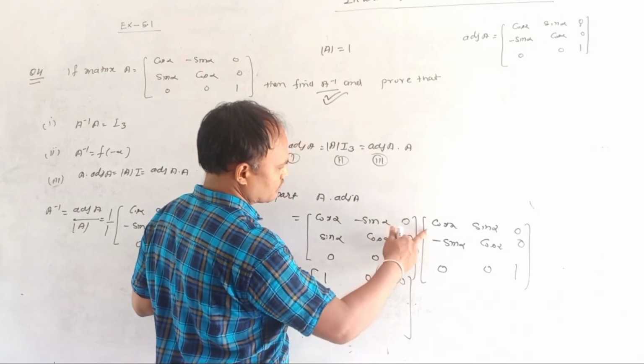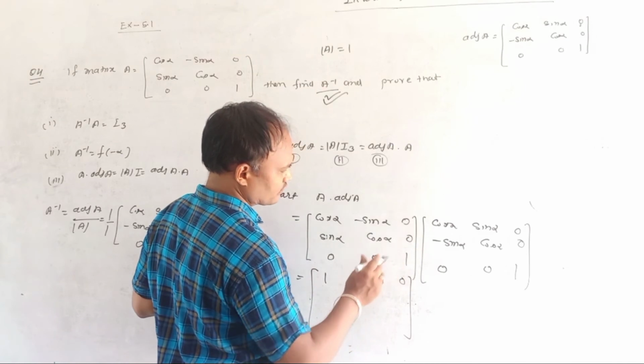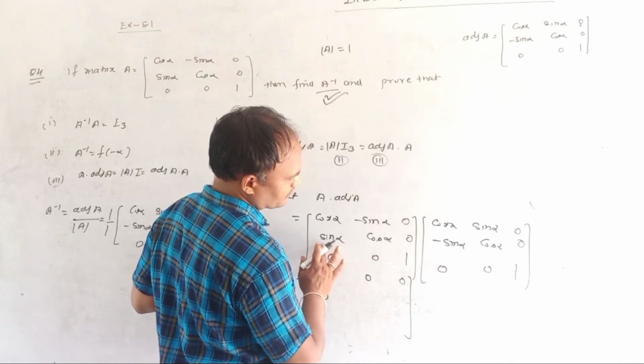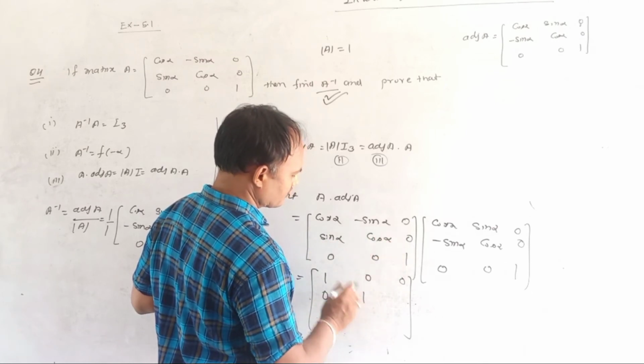Sin alpha cos alpha minus cos alpha sin alpha is 0. Sin square alpha plus cos square alpha is 1.